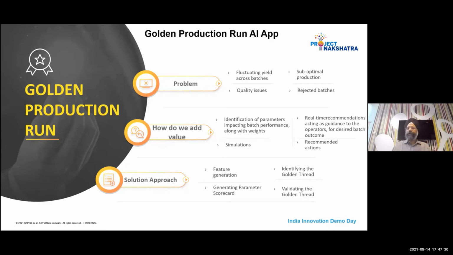The second issue that can come because of all of this is in terms of quality performance. Do you have impurities coming into your processes, and how does this impact things? That's the core problem area that the golden production and the golden predictive quality applications are trying to identify and address. So how do we add value? Looking at past historic process data, we generate process digital twins. We identify the parameters, and these are not just process parameters.